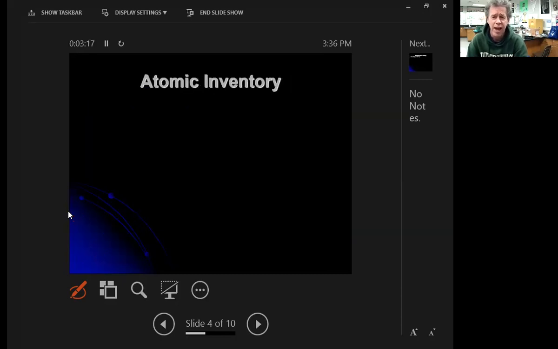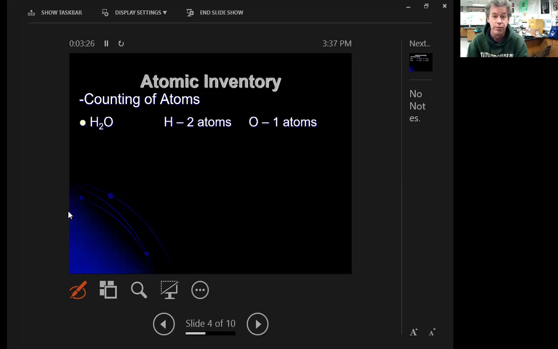Now, in order to count them, we have atom inventories. And we talked about atom inventories last week. You're basically counting how many atoms are in a molecule. So for example, for H2O, there's 2 hydrogens, and there's 1 oxygen. For CH4, there's 1 carbon and 4 hydrogens.